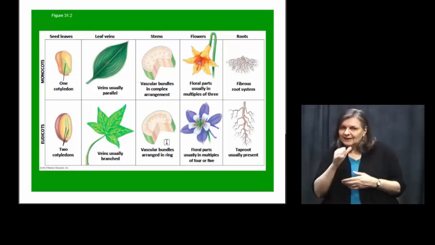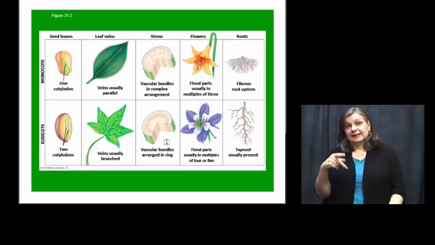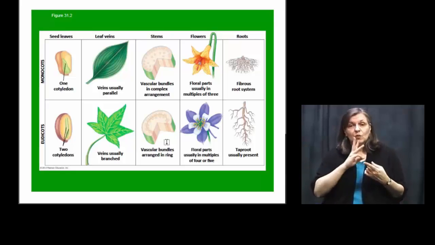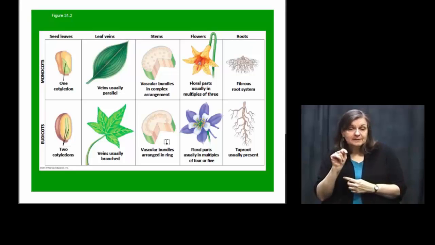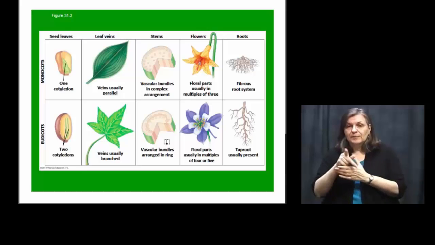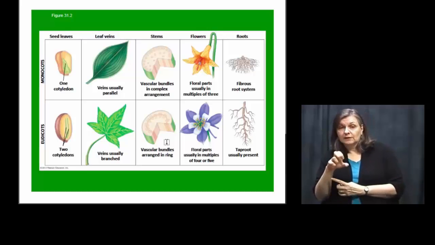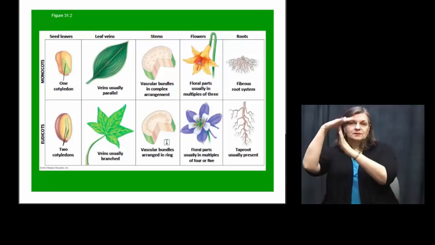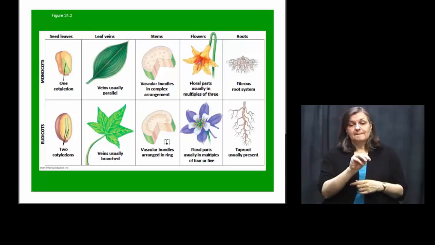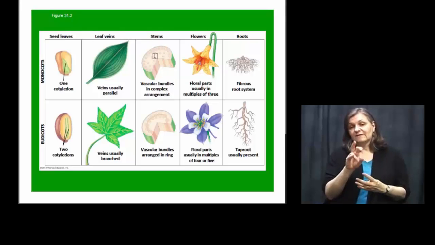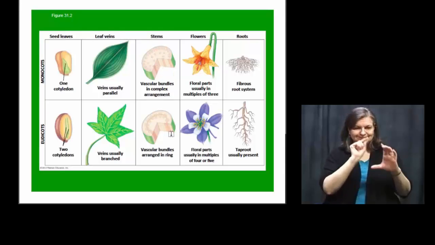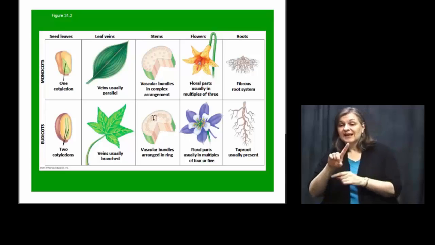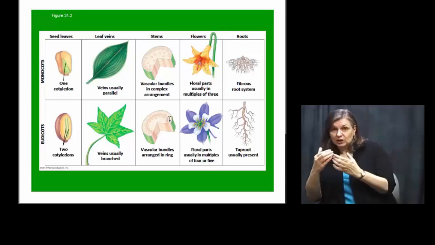We talk about sap. So we look at water, nutrients, waste, vitamins being carried through the vascular bundles all throughout the plant, reaching from the very longest roots to the very tallest stems and leaves. In our monocots, those vascular bundles are scattered around. In dicots, they form a ring around the outside.